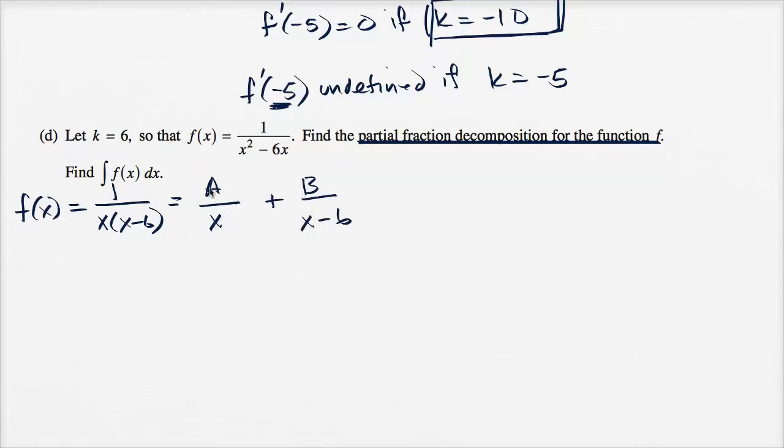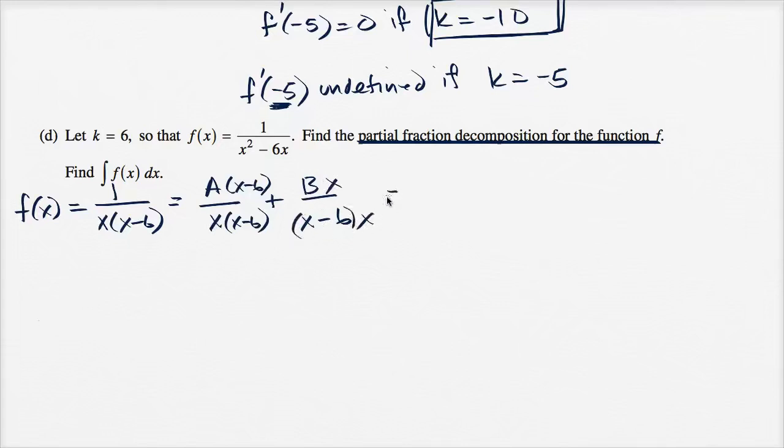So I could multiply the numerator and the denominator of this first term by x minus 6, and then the numerator and the denominator of the second term, I can multiply by the denominator of the other one. So times x and times x.